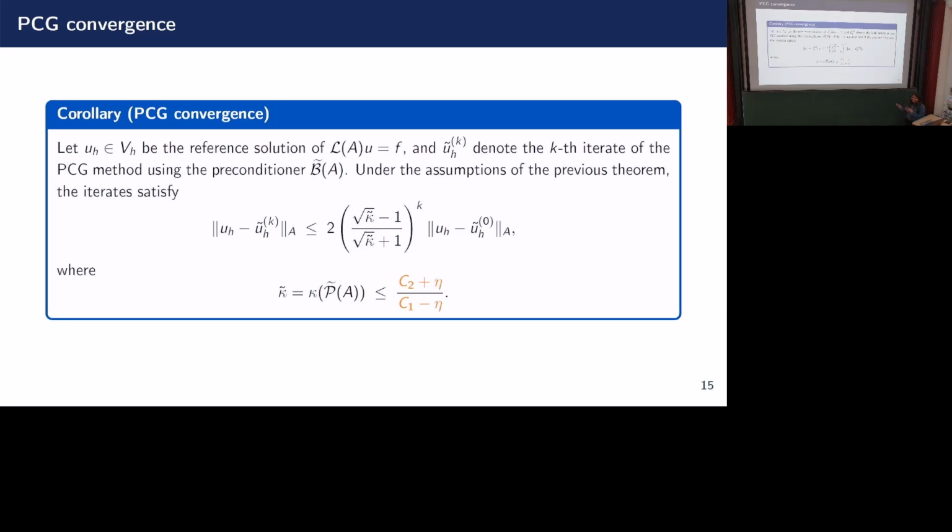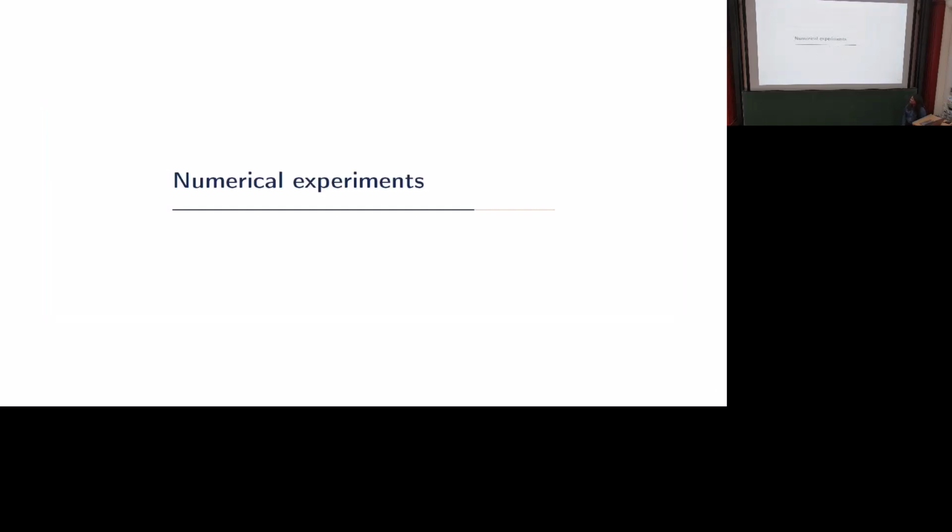Once we have this, we can directly use these results from classical theories, and we have these error estimates where the condition number is now bounded by this proportion. So this is the idea, and it guarantees a robust PCG convergence, as long as this perturbation stays small. Now let us see some numerical experiments.